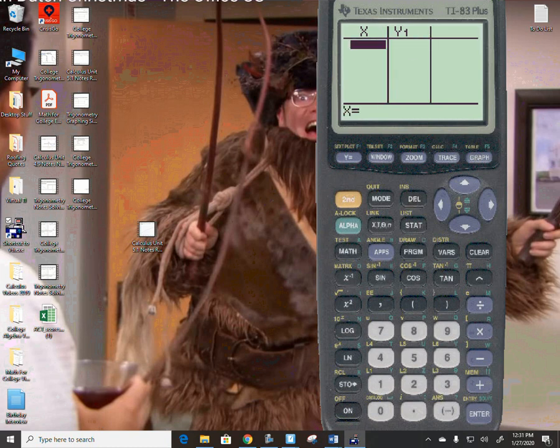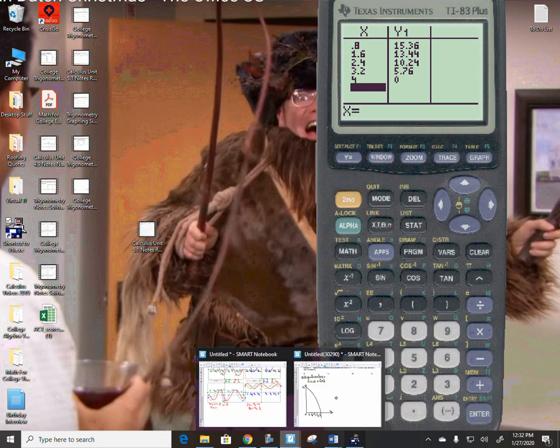We have the function. Let us now go in and type our values. We start by typing 0.8. And we type in 1.6, type in 2.4, 3.2, and 4. We knew for 4 you would get 0. So those are my values I'm going to use as I add them up.